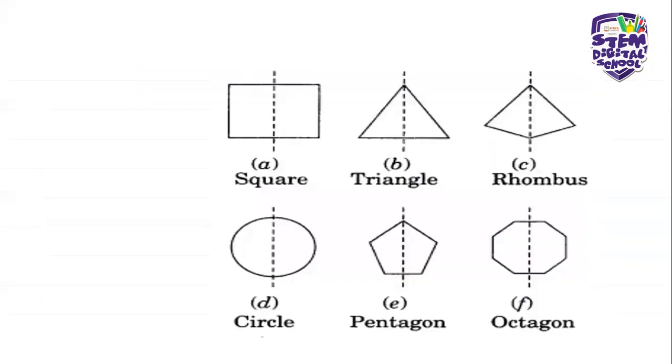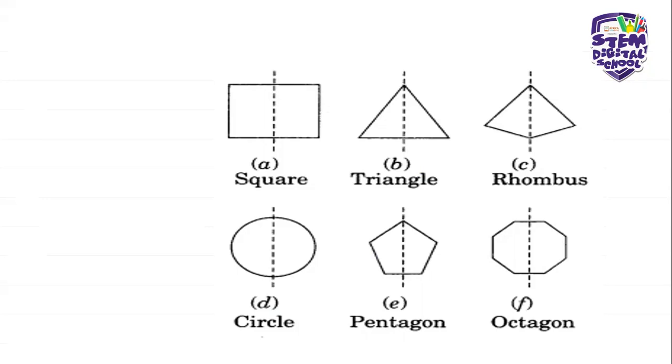Now, let's go to another example. I have a square here, and of course you can see a square, a triangle, a rhombus, a circle, a pentagon, and an octagon. So these are geometric figures. There are about 6 of those.